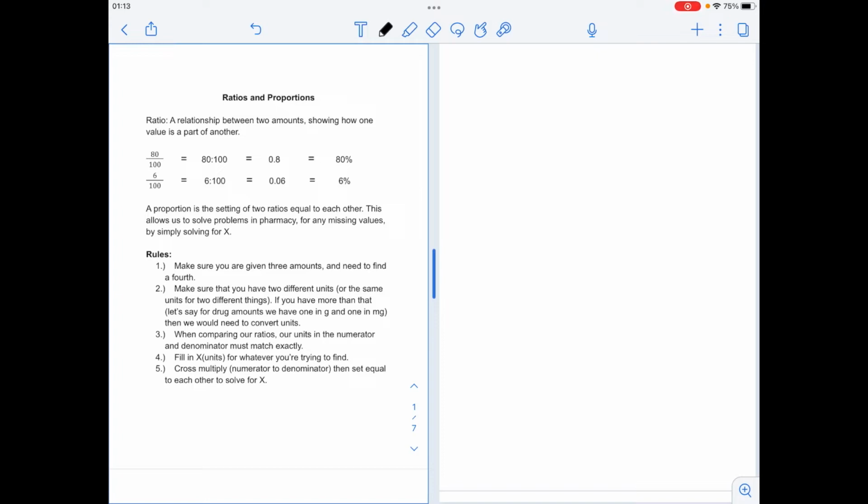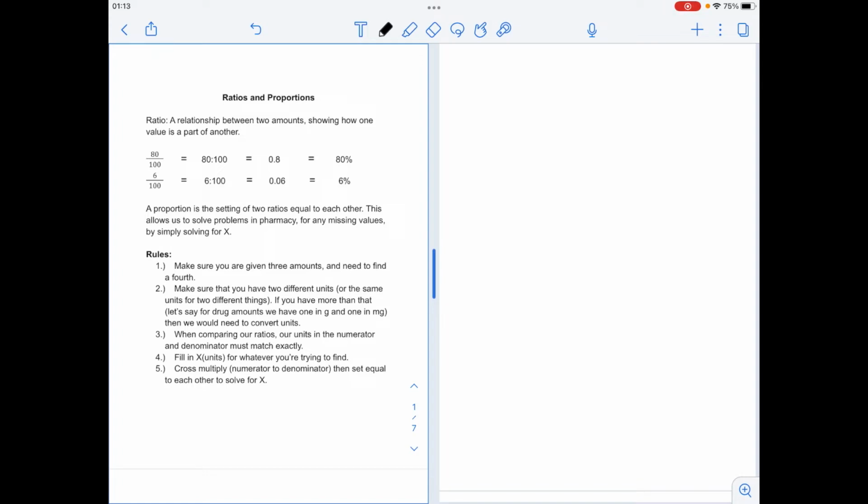Okay, so the rules with ratio and proportions. The first rule is to make sure that you are given 3 amounts and need to find a fourth. Later, when we compare dimensional analysis with this, we'll learn that dimensional analysis does not necessarily need this 3-amount rule. This is specific to ratio and proportions.